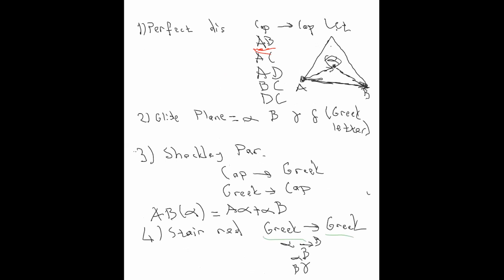How about Frank dislocation? Can you explain to me how we can find the Frank dislocation? It was Latin to Greek or Greek to Latin, right? Perfect. So Frank is just the combination of stair rod and the Shockley.